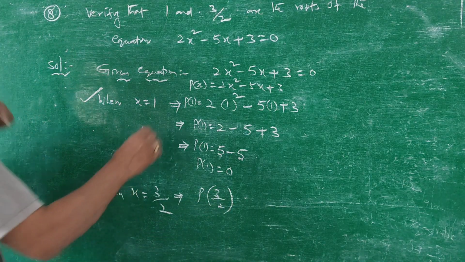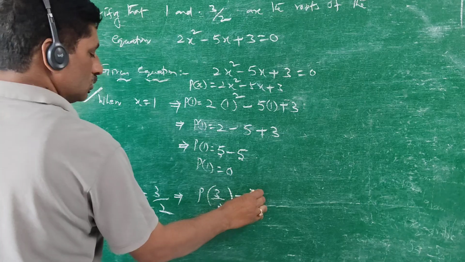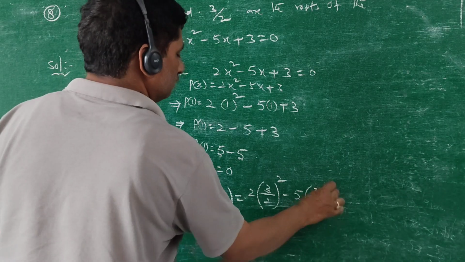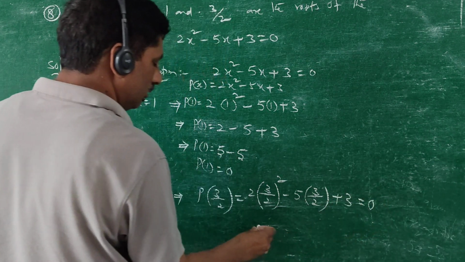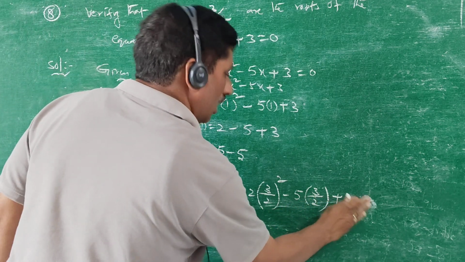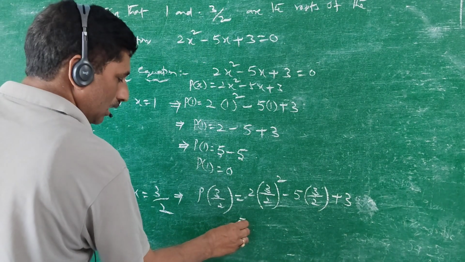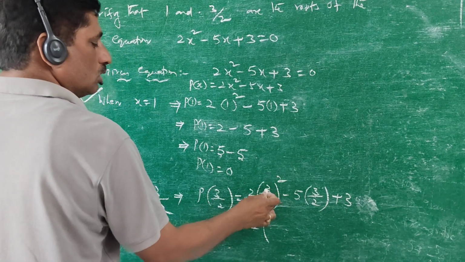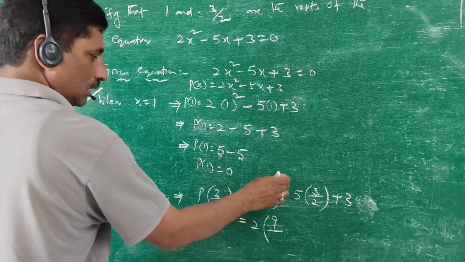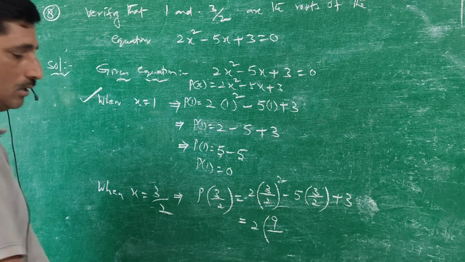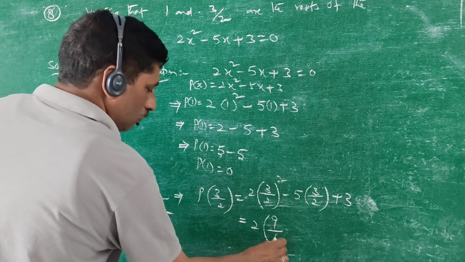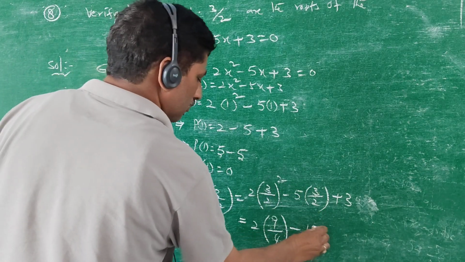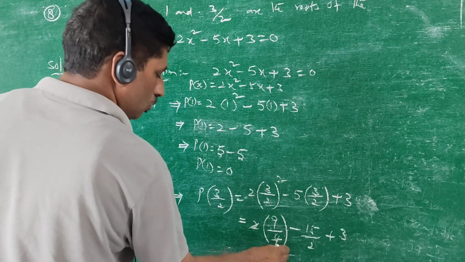Substitute in the equation: 2 into 3 by 2 whole square minus 5 into 3 by 2 plus 3, and compare with 0 to see if it is right or wrong. 2 into 3 by 2 whole square: the square applies to both numerator and denominator, 3 square is 9, 2 square is 4. 5 threes are 15 by 2, plus 3.